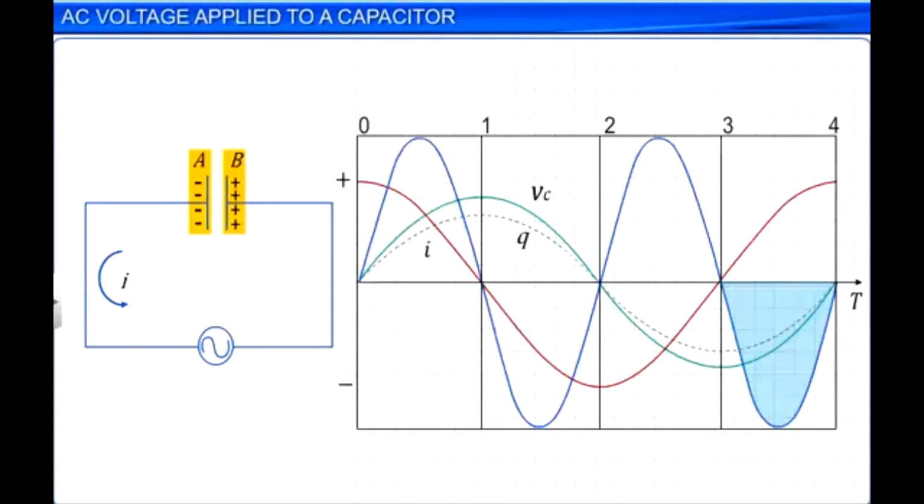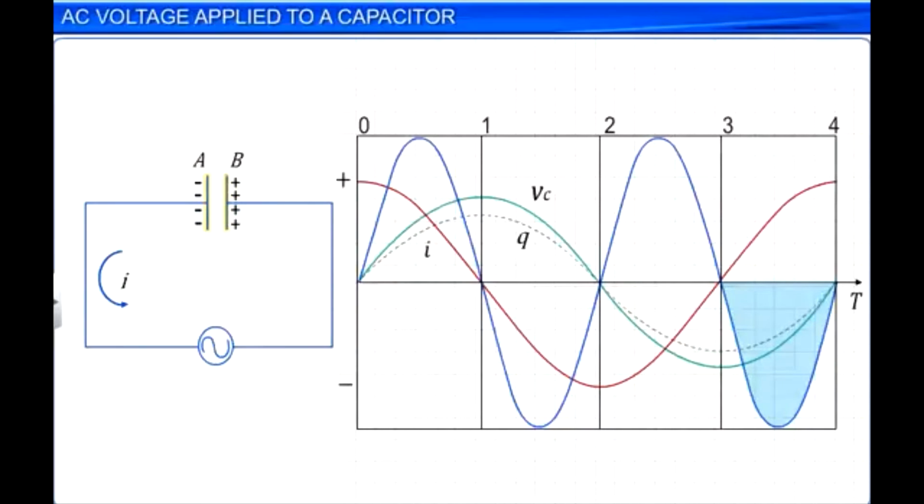As the voltage is negative, while the current has become positive, it means that the power is negative. Hence, energy is again being released from the capacitor. Thus, finally at the end of the cycle, the capacitor returns to state 0 again.